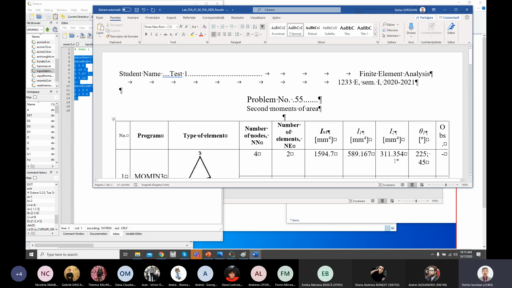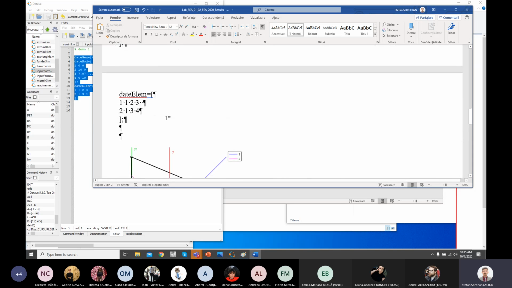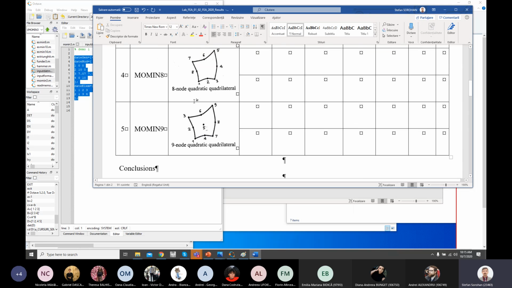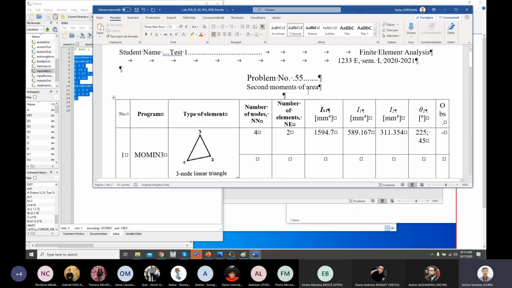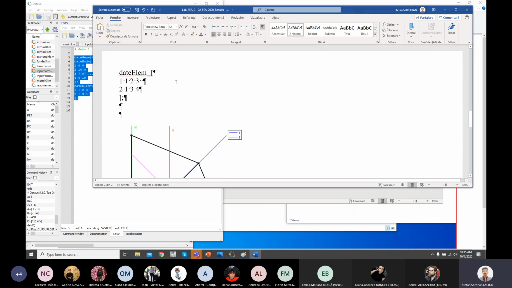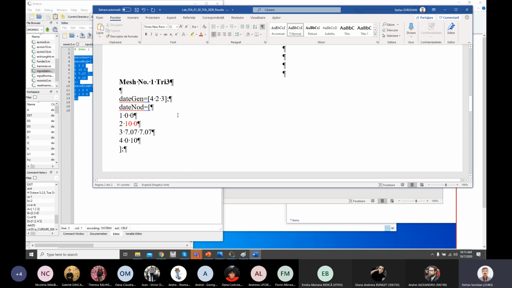If I correct and I see some mistake, I will take a look at the input data file and I will show you, okay, here is a mistake, and you will have feedback for the results. This is the reason why it's a good practice to put the input data file in the reports.